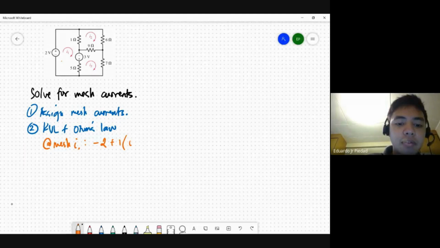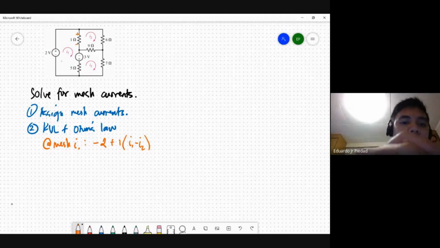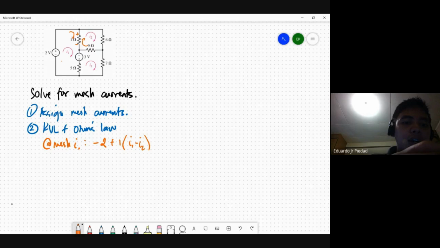So you have I1. In the video it was stated that if you are in mesh 1, I1 is always positive and I2 is negative. Because you can imagine a positive polarity here, negative. I2 enters the negative while I1 enters the positive.